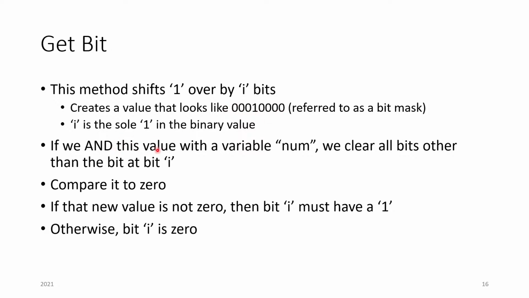And then we AND this with our input variable here, which is num, our input binary value. As a result, it clears all the other bits, and we retrieve this particular bit at the 5th position.